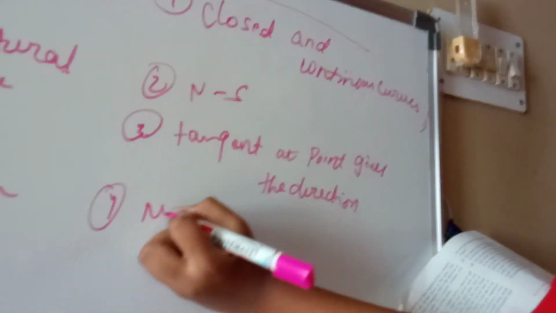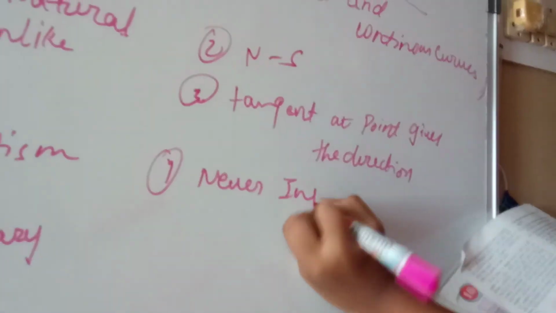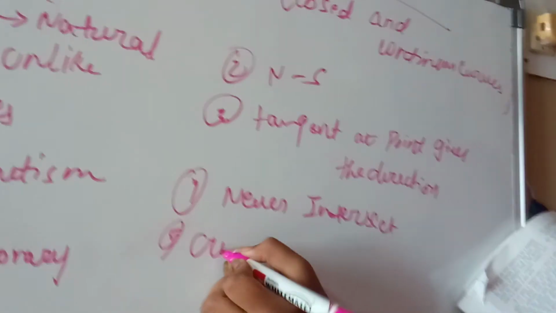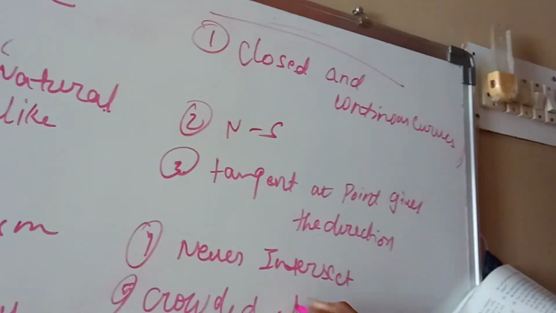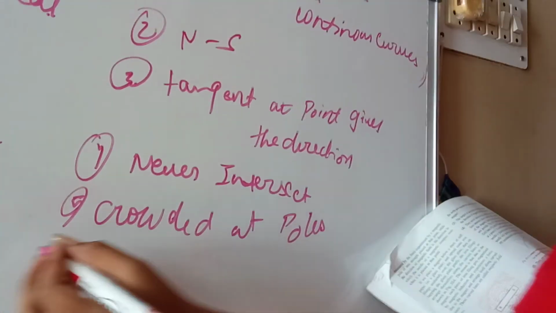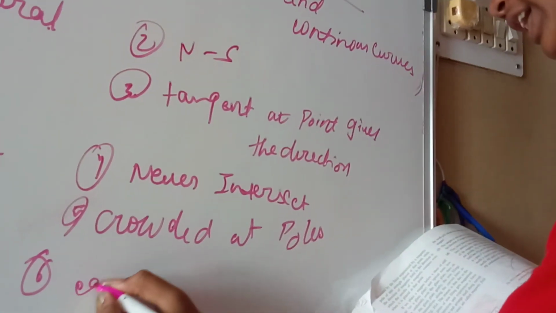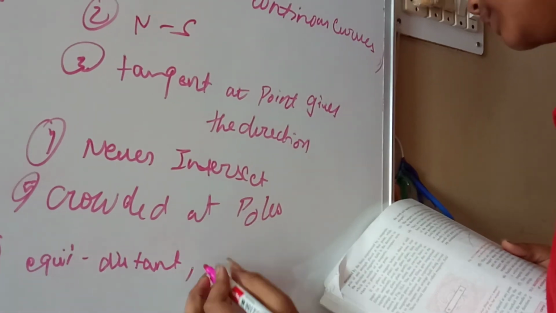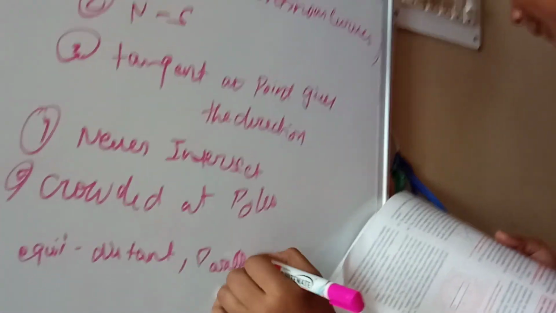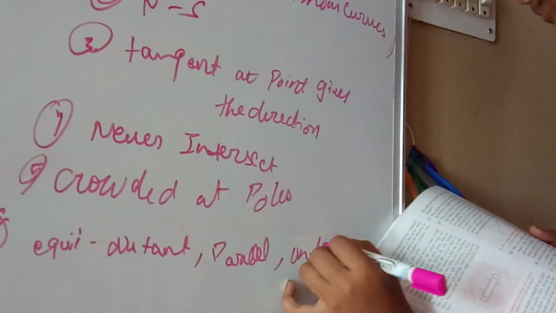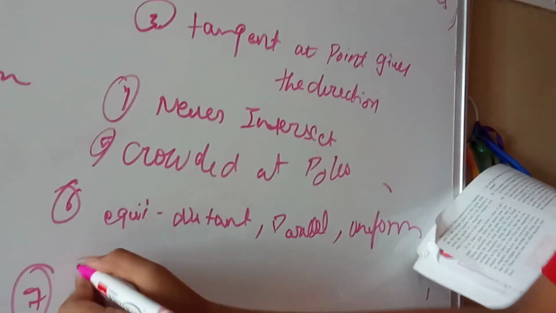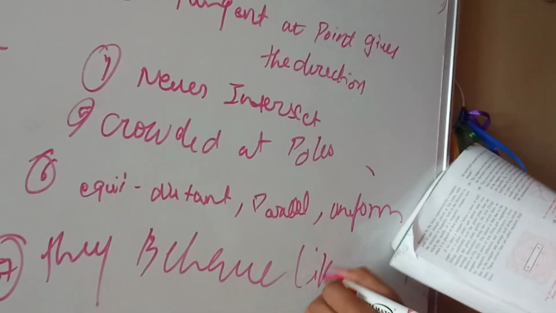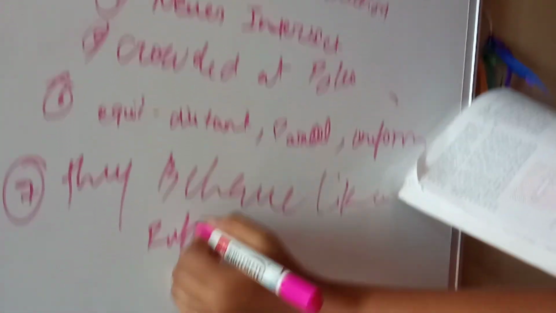Fourth, never intersect. Fifth, crowded at poles. Sixth, equidistant, parallel, uniform. And seventh, they behave like a rubber band.